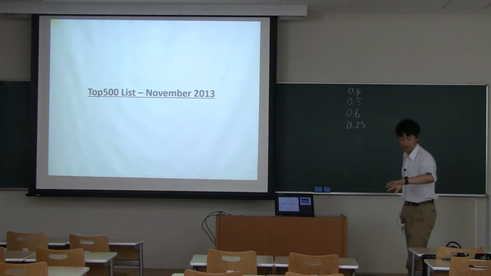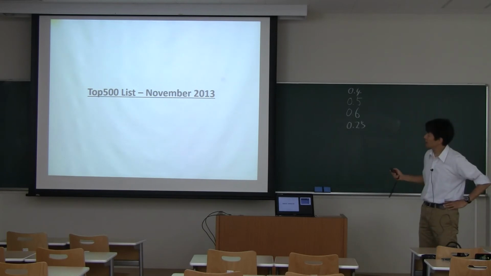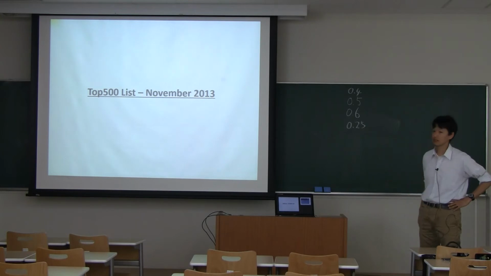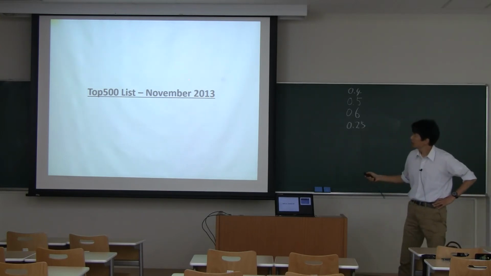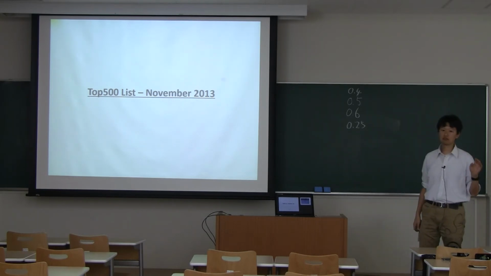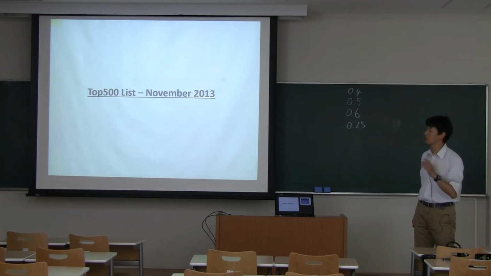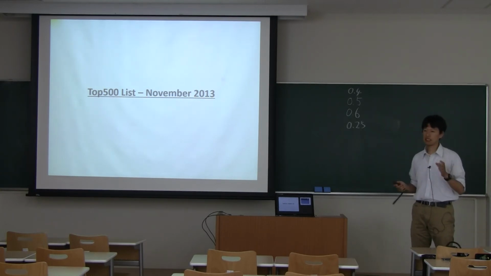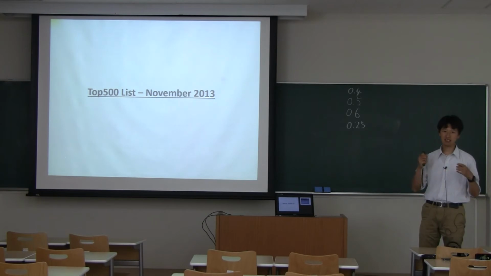Okay, finally, I'll introduce the top 500 list. This is the fastest computer list in the world. Every June and November, this list is opened. So I'd like to introduce the June 2014 list, but the list will be opened on the 23rd of this month.